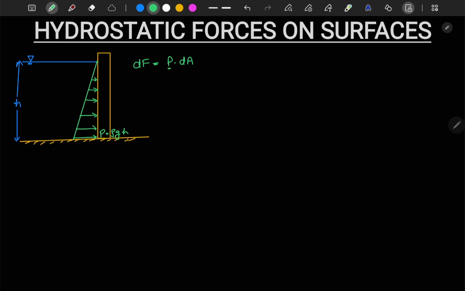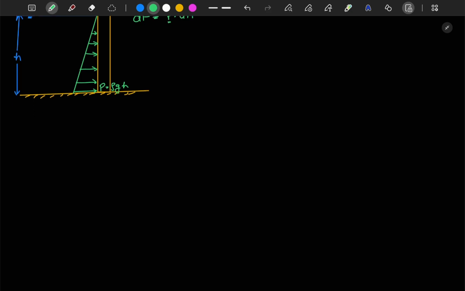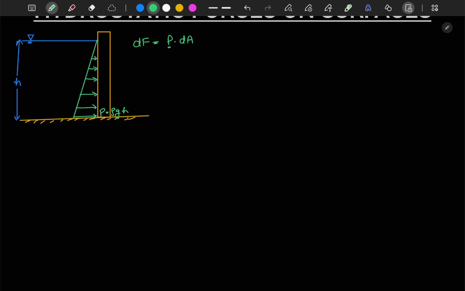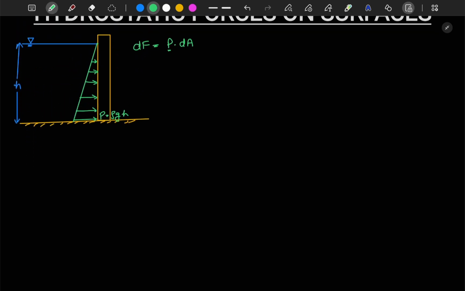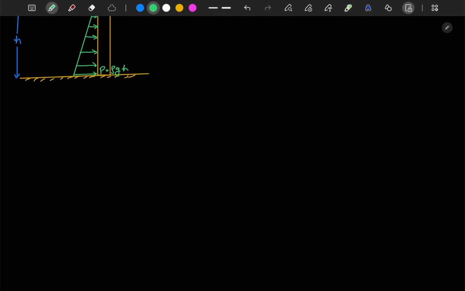Since the pressure is varying, the force acting on the wall will also vary. Let's proceed with the first type of plane, a horizontal plane surface: hydrostatic force on a horizontal plane surface.